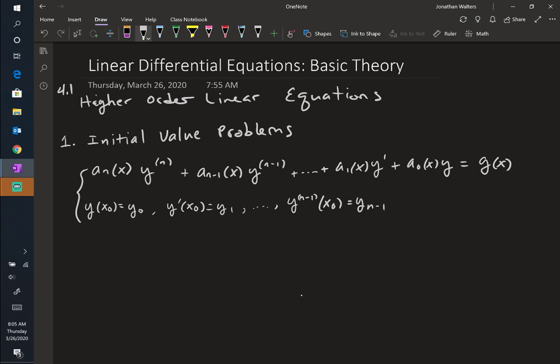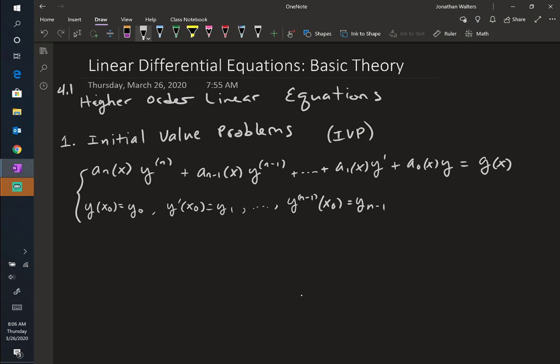So this is what we call the general linear initial value problem. This is the most general way you could think of this problem. You might see that phrasing IVP, or initial value problem.